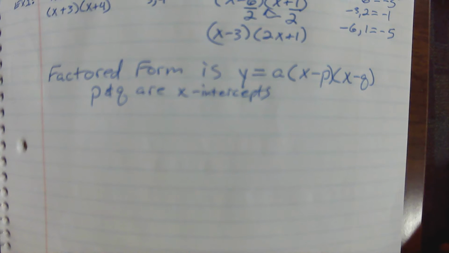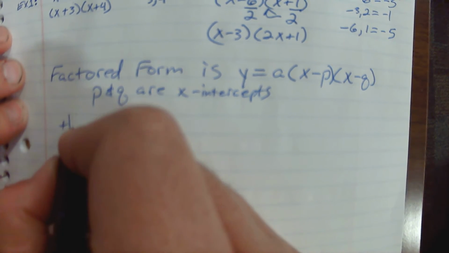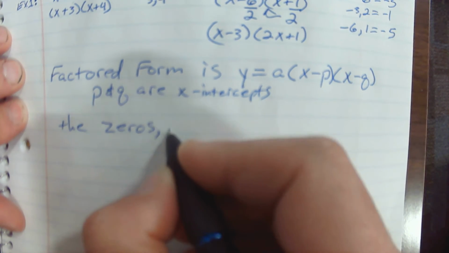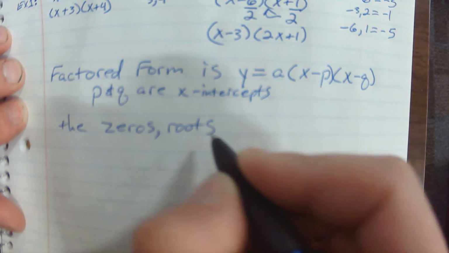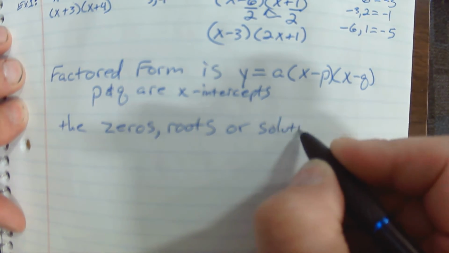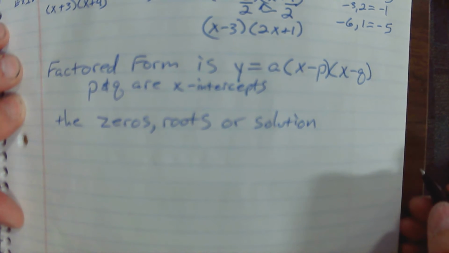So what factored form tells us is the zeros, roots, or solutions, which are all the same exact thing. I think that's called synonyms in language arts class.